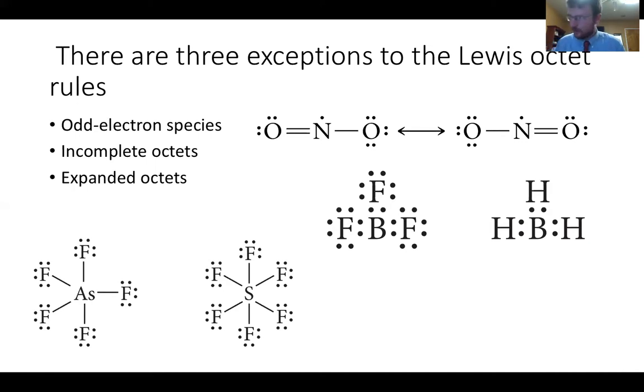What do all these things have in common? They're found in row number 3. What these have that other things don't have is that they have an unused d orbital. We'll talk about this in the next chapter. But they have unused d orbitals that they can put electrons in, so they can expand their octets.